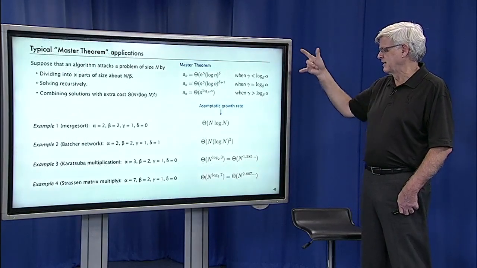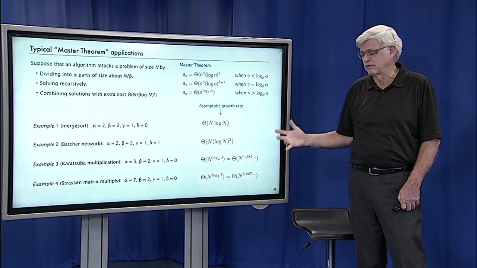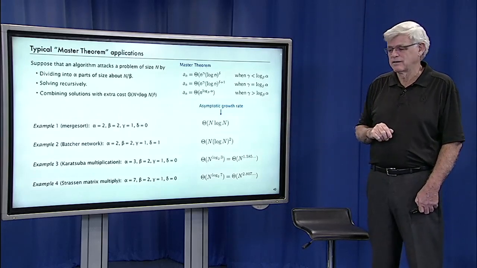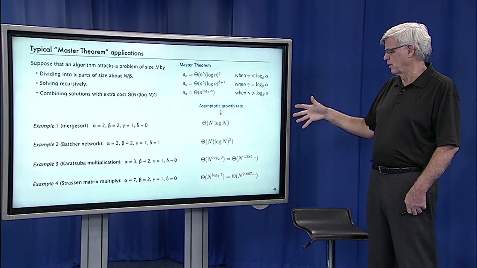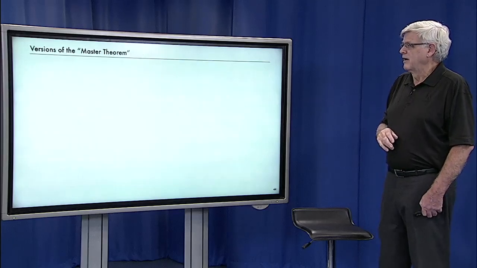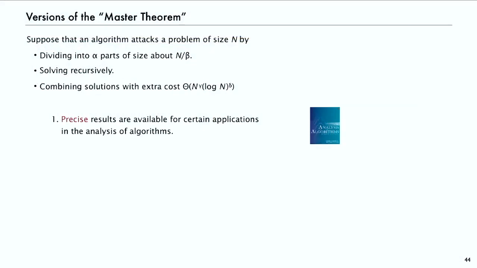The basic idea of the master theorem is that it gives us good asymptotic growth rates, and that's very important for the theory of algorithms to help us understand what we can do in terms of asymptotic growth rates. Now, there are a lot of versions of the master theorem that have been studied. There are some cases where you can get precise results, like we did for merge sort.